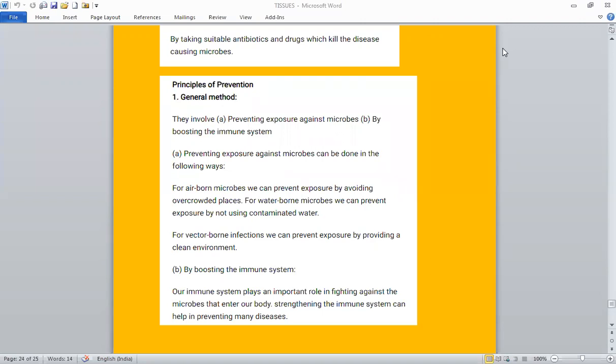A person who is suffering from infectious disease may become disease-free after its treatment, but there are certain limitations or shortcomings to this approach. What are these shortcomings?